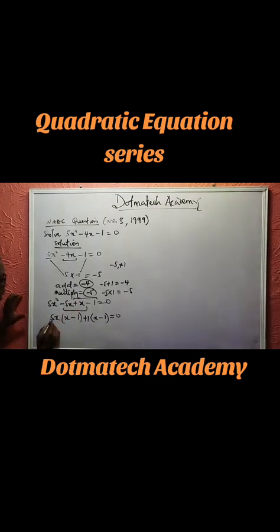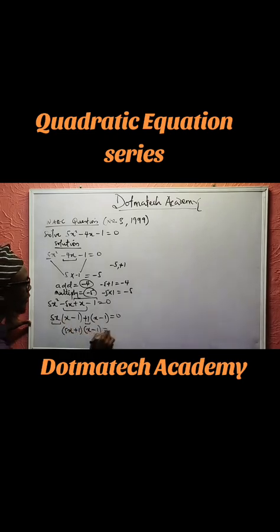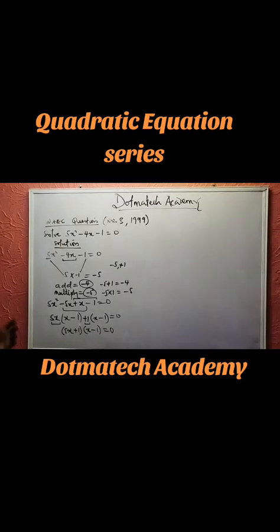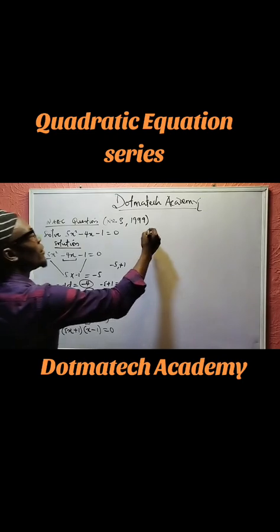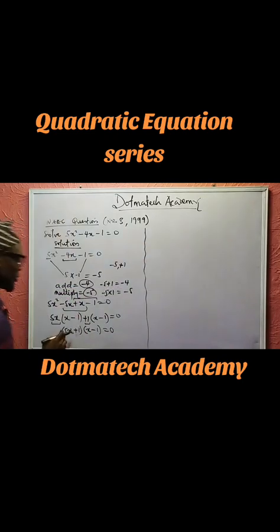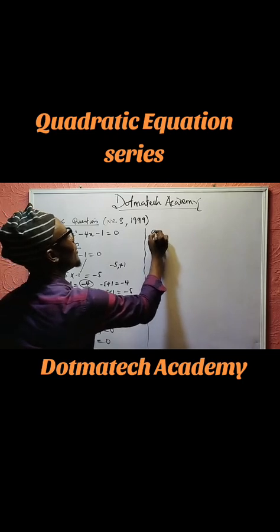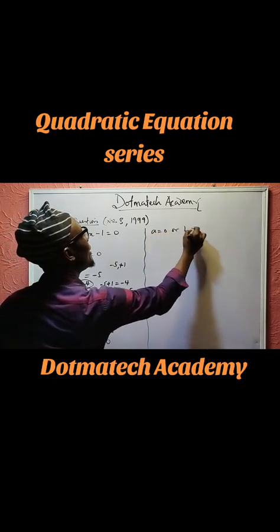Now, what you do here is pick this and this and put them in the same bracket: 5x plus 1, then pick one of these two, x minus 1, equals 0. Are we following? All right. From what we know, a times b equals 0 only when a is 0 or b is 0.